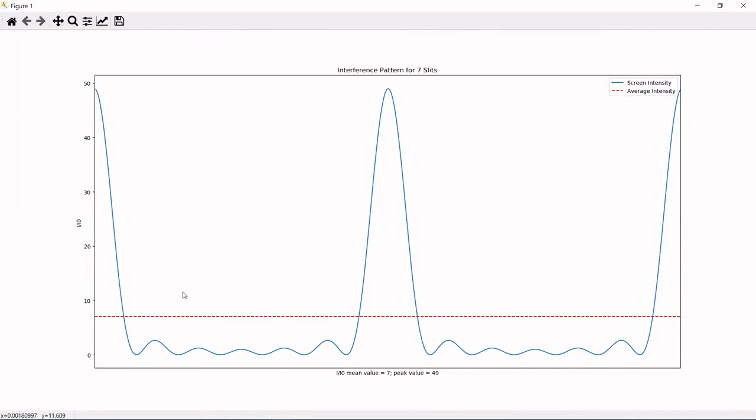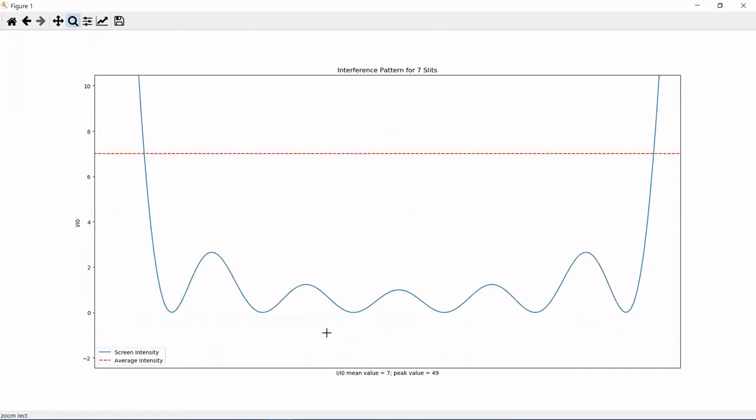And there's another interesting feature. If we zoom in here just a little bit, here's a location of max constructive interference. I count not just one minimum between those two maxima. I count 1, 2, 3, 4, 5, 6. So there were 7 slits, and I count 6, or n minus 1 minima in between those two maxima.